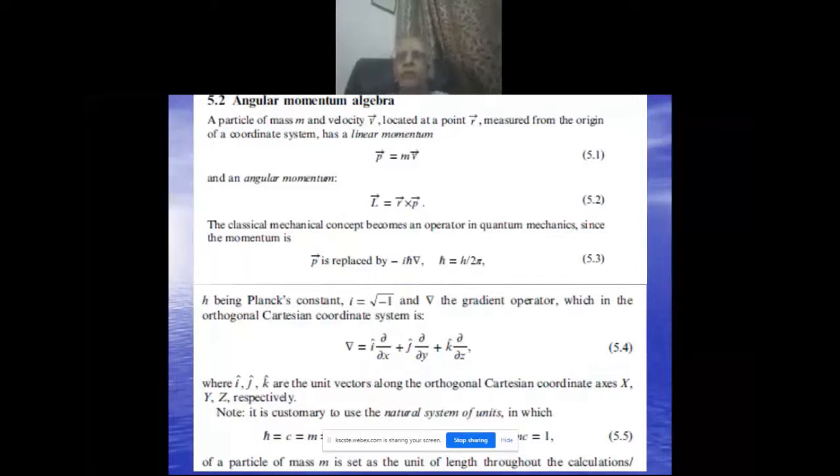So from where you are going to measure, if a spacecraft is going to be sent, a space mission is going to start, the position of the spacecraft from the center of the earth, or whatever is the reference point, that is r, let us say. And p is its momentum. Mass times velocity is called momentum. And the vector product of r and p, which is called r cross p, is called orbital angular momentum.